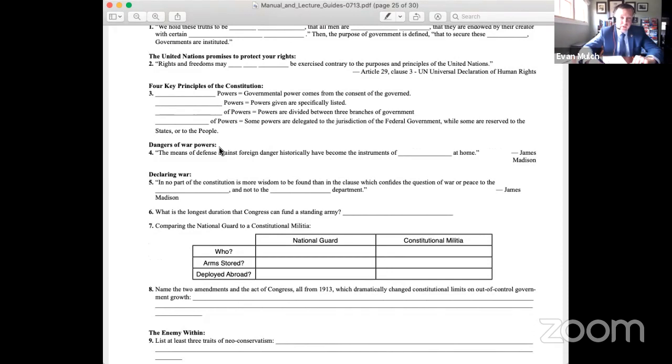Okay, and the last one is a different set of powers. Some powers are delegated to the jurisdiction of the federal government, while some are reserved to the states or to the people. And this is division of powers.